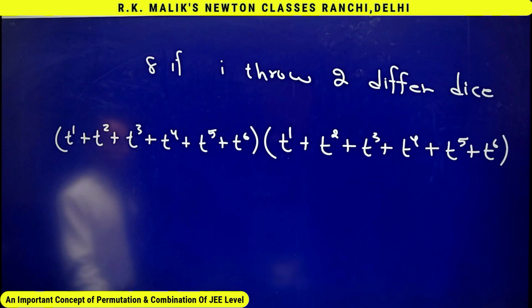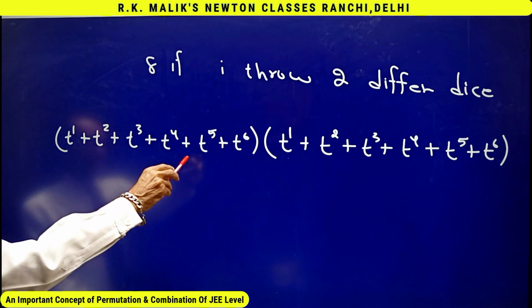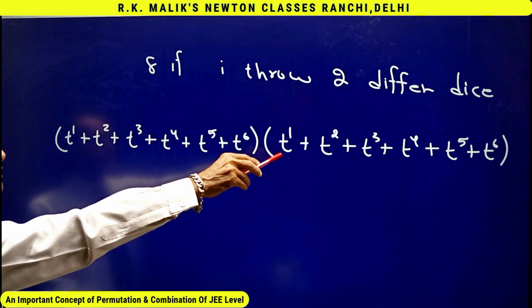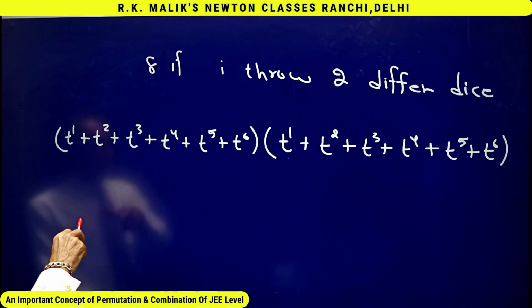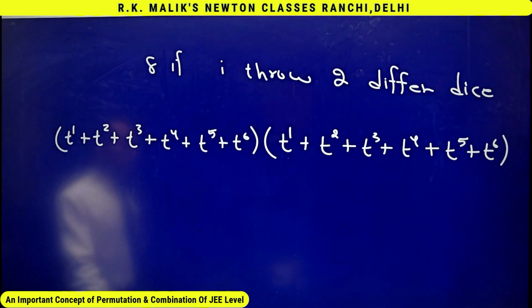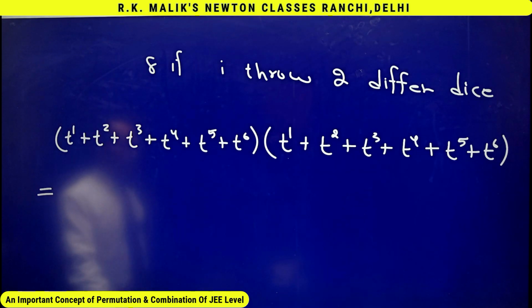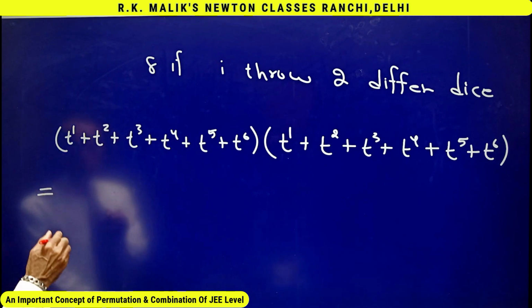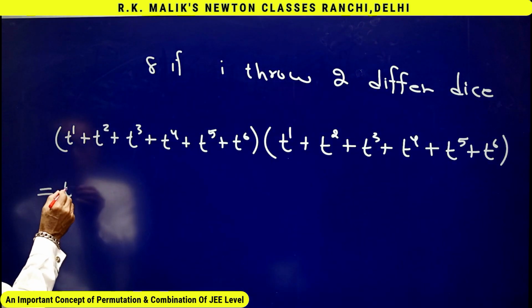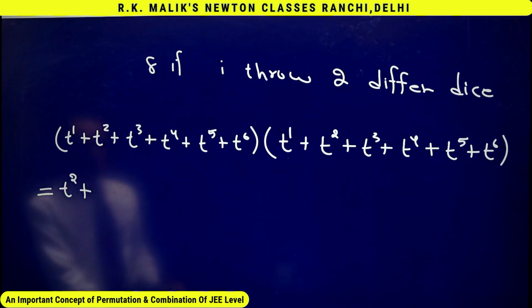And you can see very easily when these 6 terms will be multiplied by those 6 terms, you will be getting 36 terms as a result. But it is also clear that there will be so many terms which will be identical, and you can add those terms. What I mean to say, if I multiply these two, the least power of t will be 2.